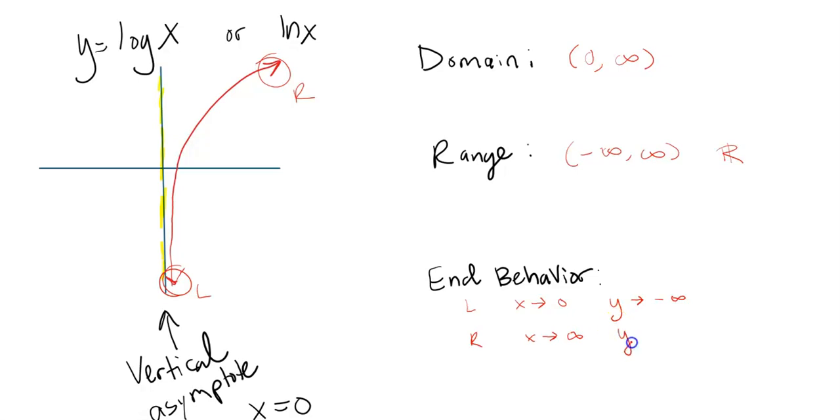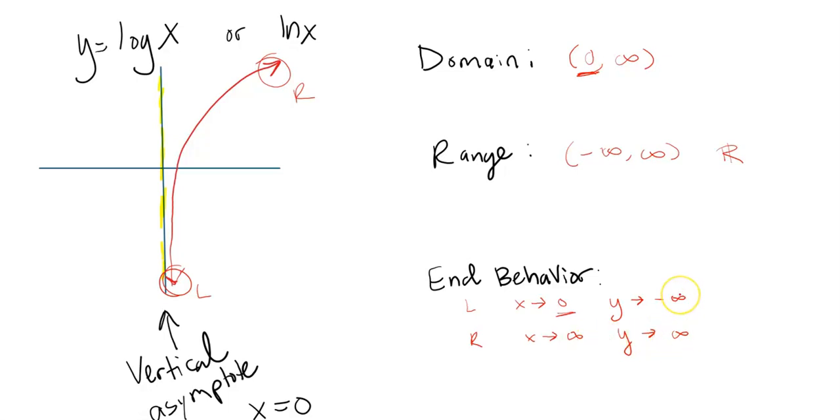And then y, it's going up to infinity. This value will always match this value. So if you have a shift and you graph this, then if this is a 3, then this will be a 3. But this is what your end behavior should look like.